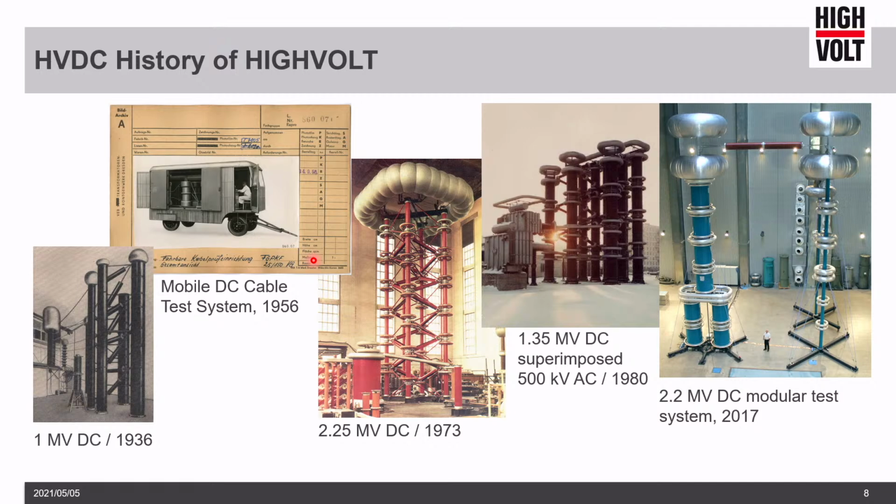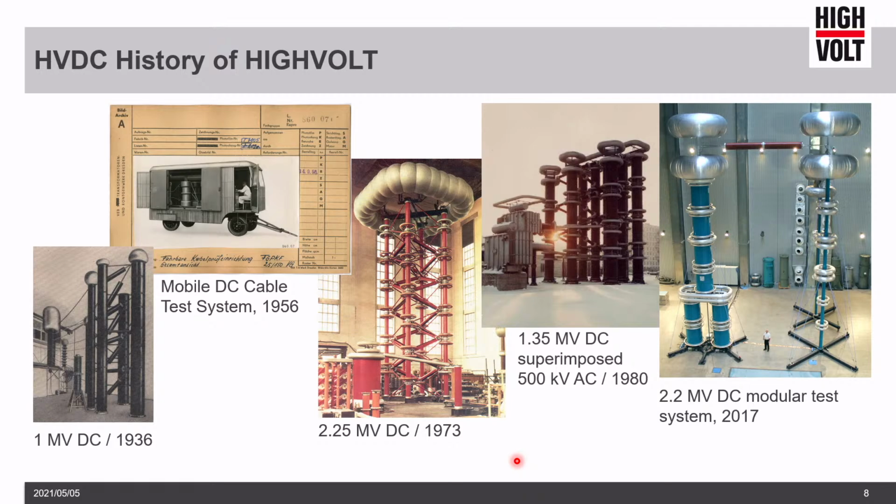Pulled by horses, certainly. And in the middle, we see a test system with up to 2.25 megavolt DC, which was developed, built, and tested here in the hall from which we broadcast today, back in 1973.